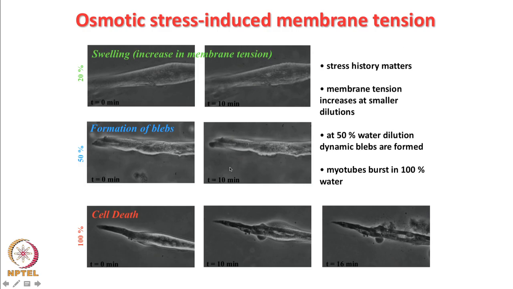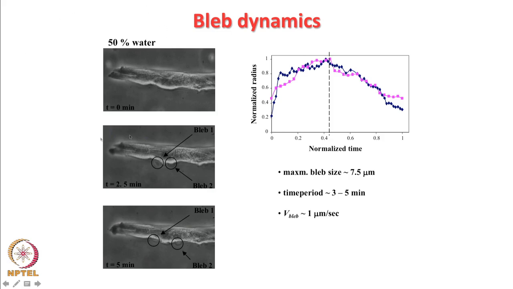These are examples of how an osmotic shock leads to alterations in the phenotype of the cells. For the case of 50% water, you can look at these individual structures or blebs. Each of these blebs can traverse the surface and they have a characteristic time scale in which they first grow bigger and bigger and eventually are pulled back into the cell.